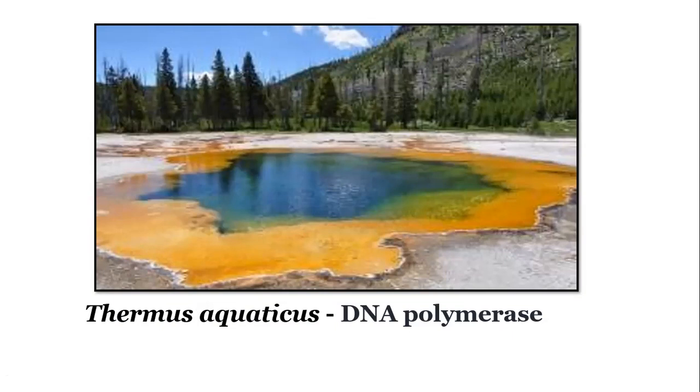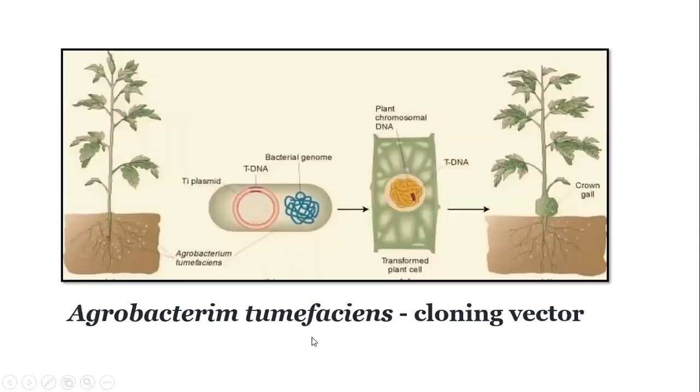This enzyme is used to amplify DNA, that is, multiple copies of DNA are made. This enzyme is thermostable and very active and very useful in amplifying DNA. So, the enzyme DNA polymerase is obtained from Thermus aquaticus.